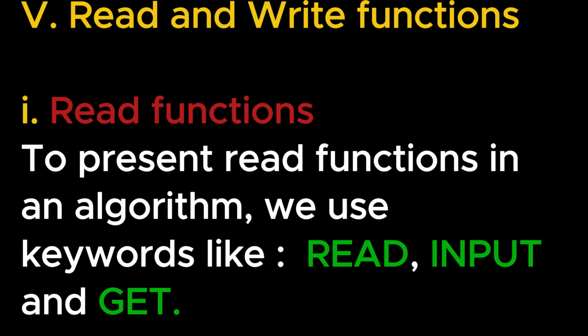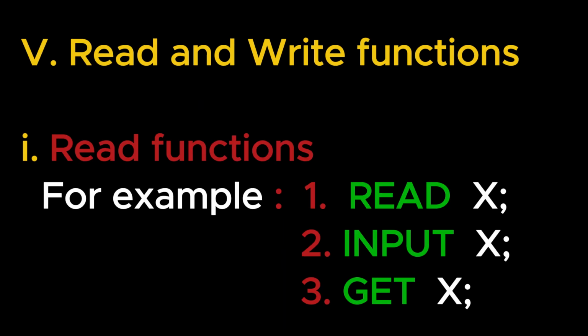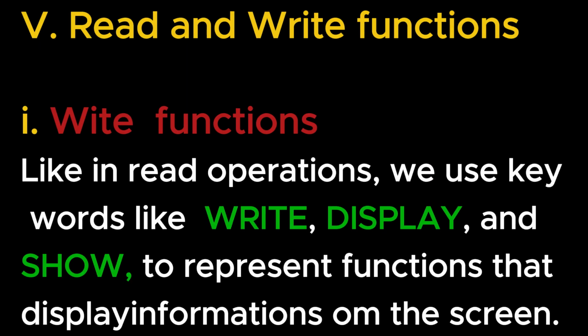Let us see what is in the read functions. To represent read functions in an algorithm, we use keywords like read, input, and get. For example, read x, input x, or get x. All these statements are the same as reading x from an input device such as a keyboard. Then let's go to write functions.